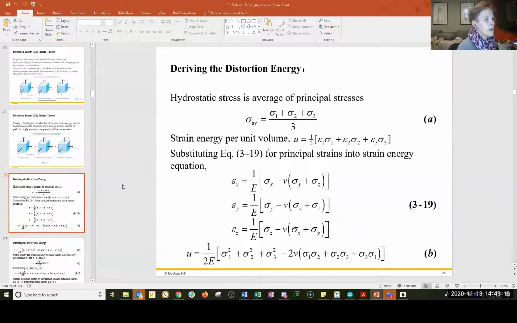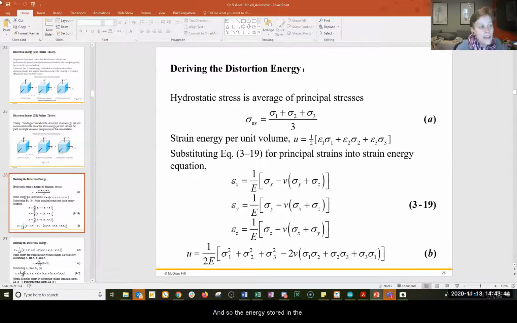When we think about how much the element is strained, we write the stress out in 3 dimensions. What I actually wanted to say was 3-dimensional strain is a function of 3-dimensional stress. So we have epsilon x, y, and z, and each of those is a function of all 3 stresses, right?